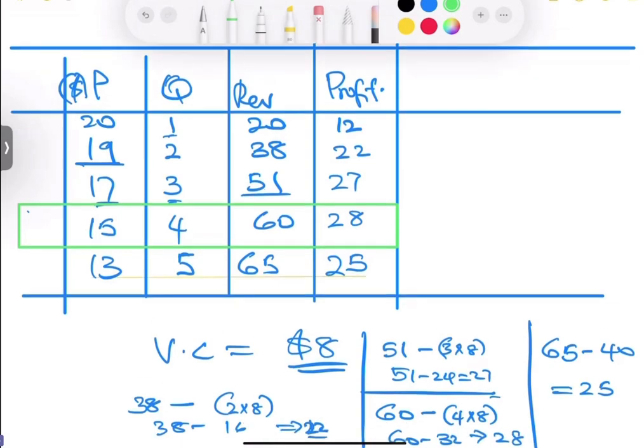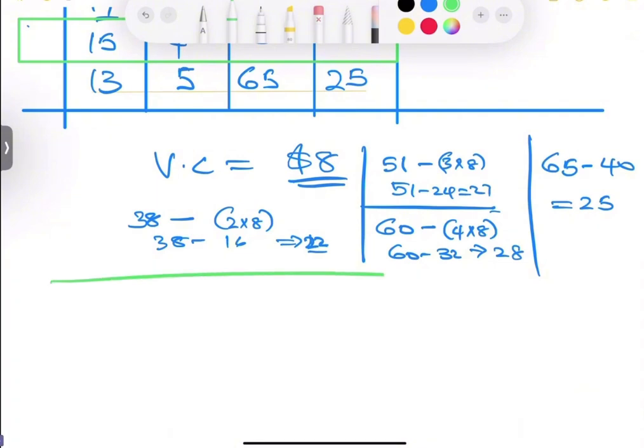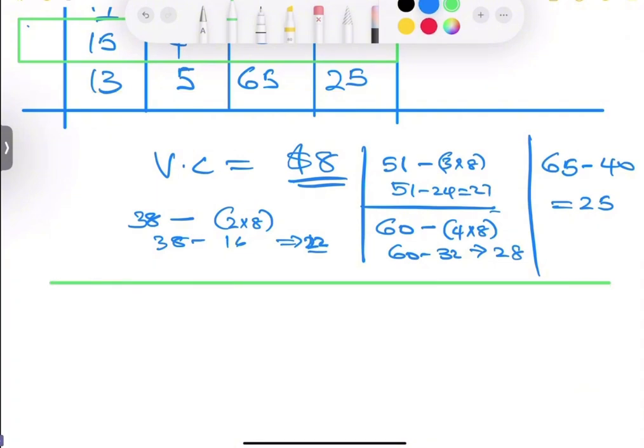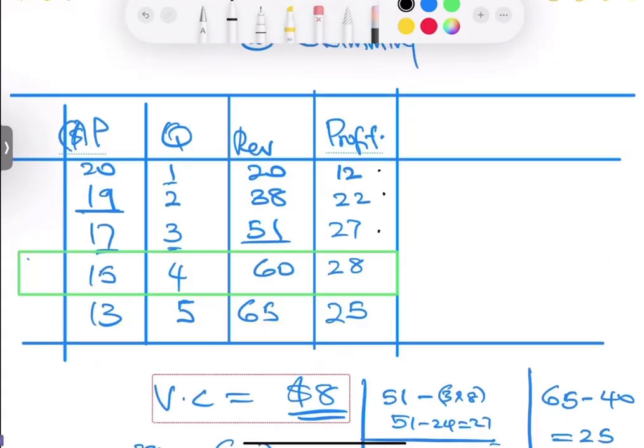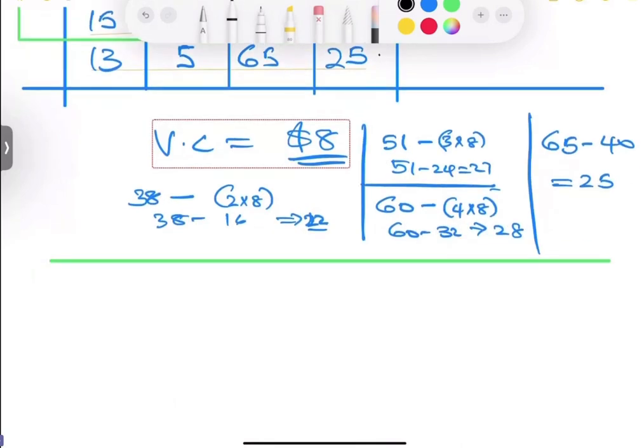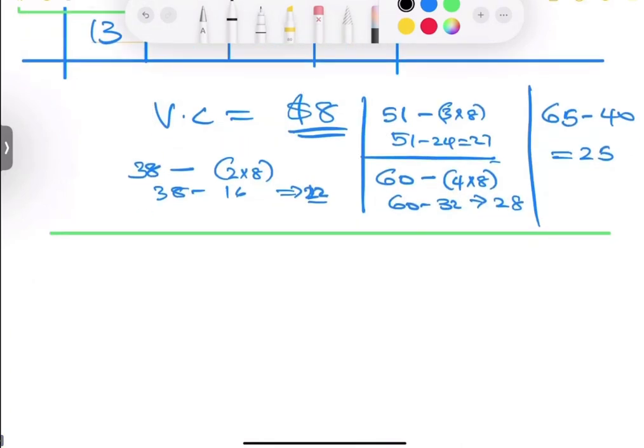But this is a manual way of doing it, because we have to calculate everything, the profit one after the other, to be able to pick the highest profit. But there is another way of doing it, and that is through the graph.